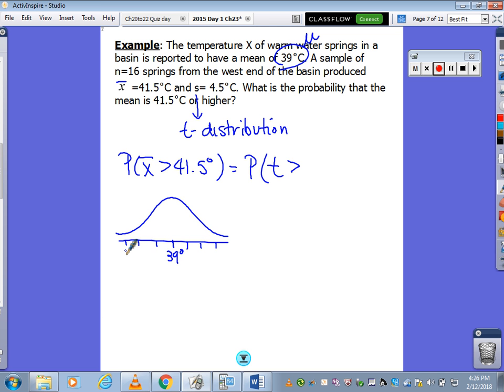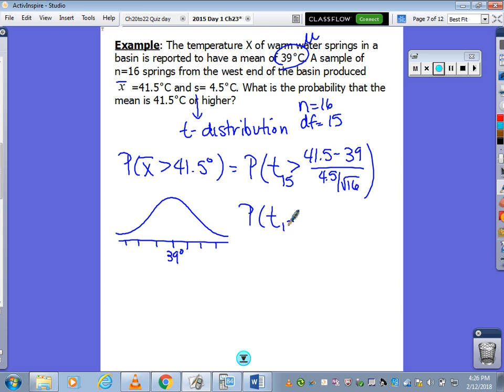So it's 41.5 minus 39 over 4.5 divided by the square root of 16. Because our n is equal to 16, our degrees of freedom are 15. We compute that test statistic, and you should be getting 2.22.